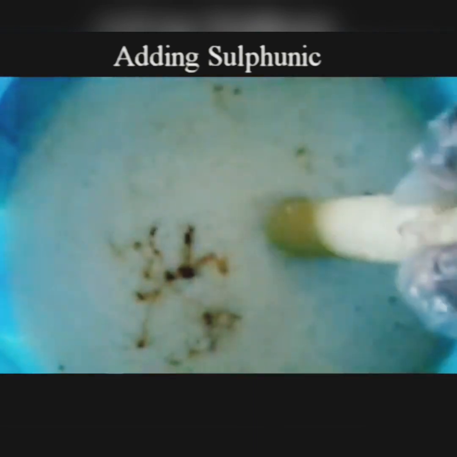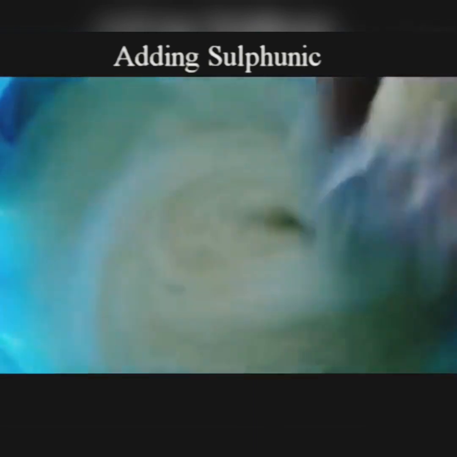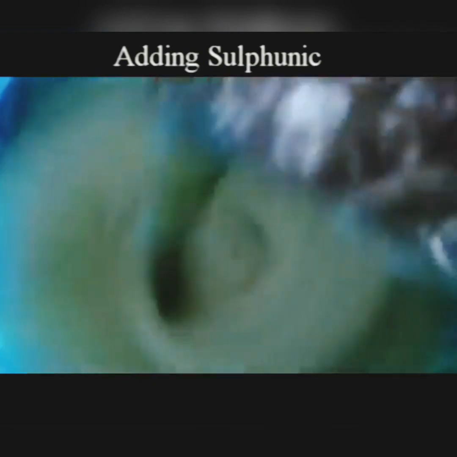Sulfonic is a thickener. You can see that the solution is getting thicker now. You can see it's already forming a soap solution. It's getting thicker and thicker. Alright, the next thing we're going to add to it now is the foaming booster.